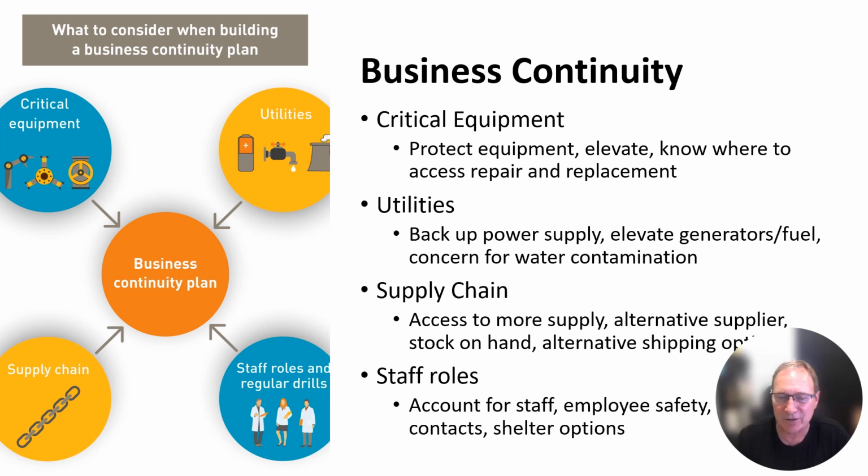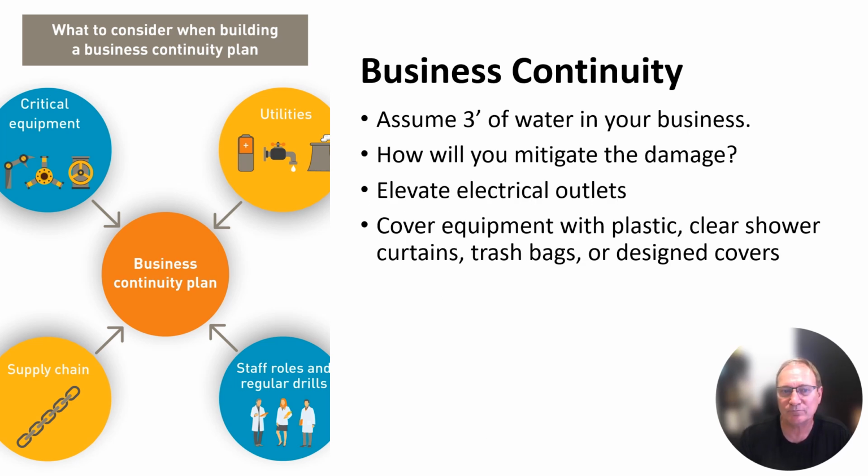Supply chain, how do you get things in that allow you to continue to do what you're doing? How do you ship things out if you're selling something? Again, restoring utilities, and certainly your critical equipment. All of this gets back to, again, assume 3 feet of water comes into your business. How do you mitigate the damage? What are things that you do to protect the equipment that you have?